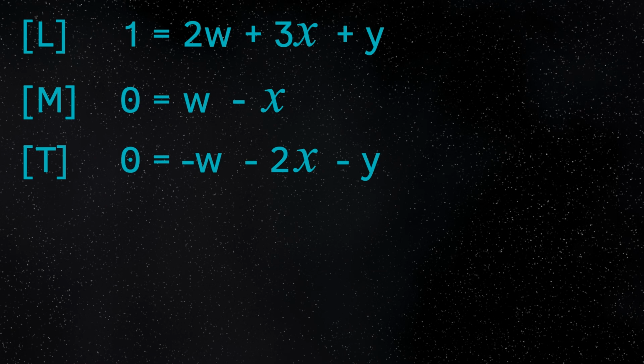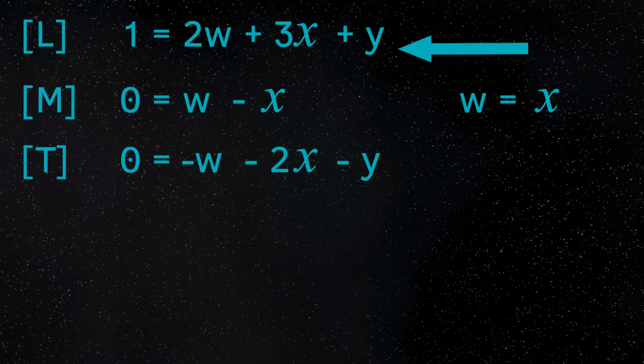From this equation here, we can see that w minus x equals 0. So therefore, w equals x. That means whatever value we work out for w, x has got to have the same value. This also means that in these equations up here, I can substitute in x for w. So wherever I have a w, I can put an x.